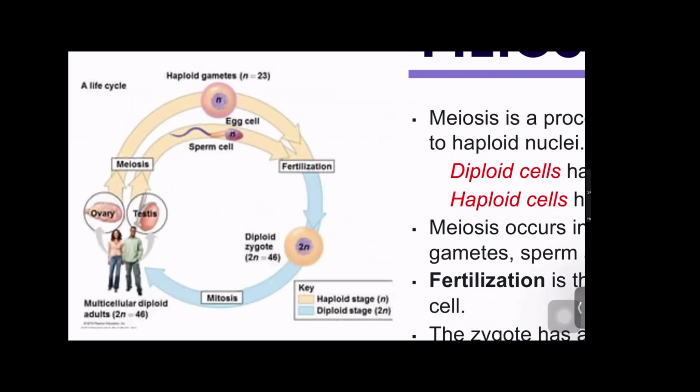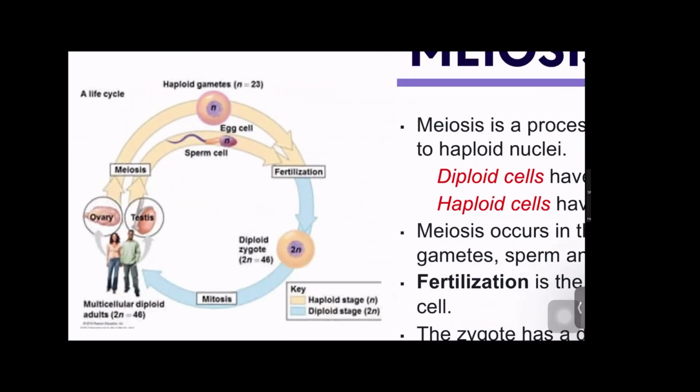The zygote, which is formed during the fusion of a sperm and the egg, will now have a diploid chromosome number, one from each parent, combining their genetic material. So from the product na 23 chromosomes, magiging 46 na siya, kasi again, one set from each parent, from the mother and the father.